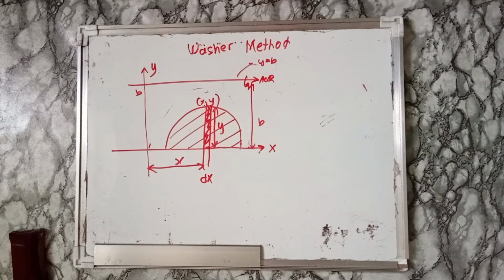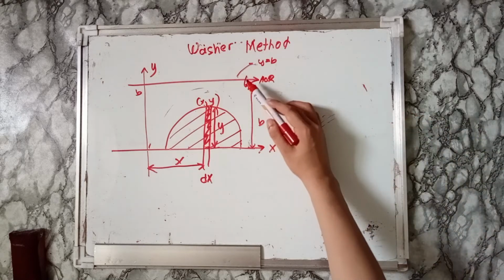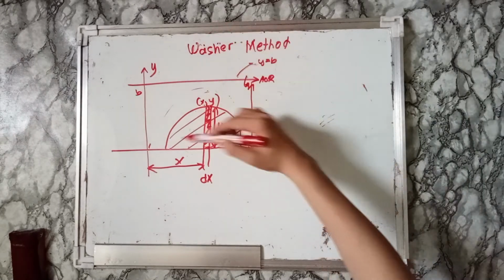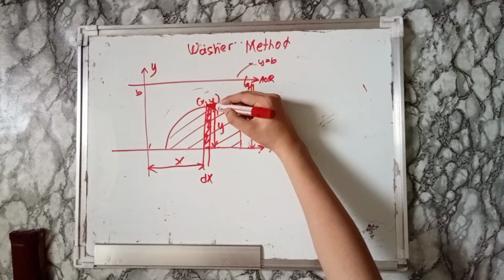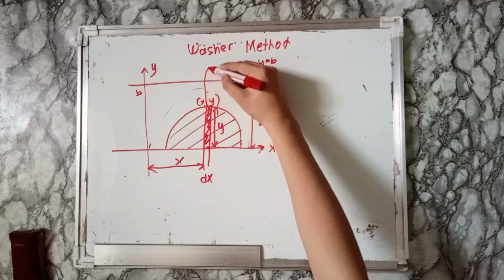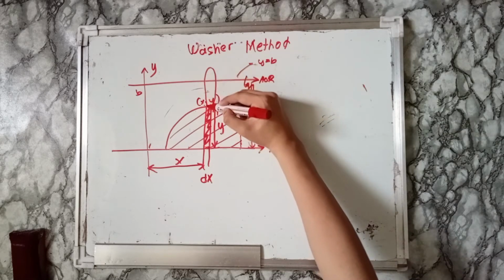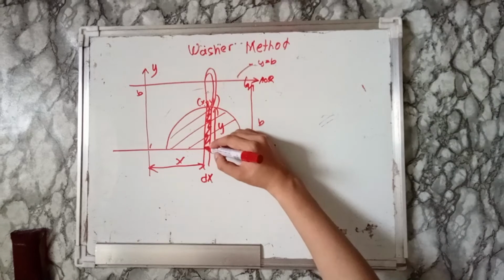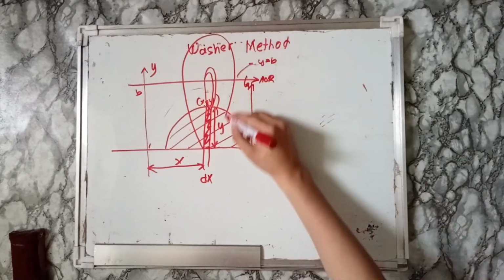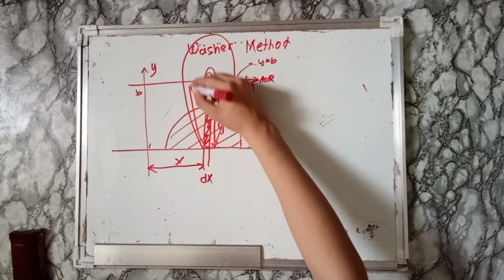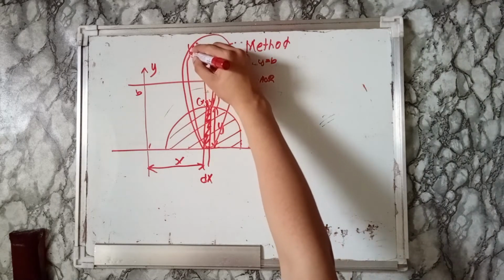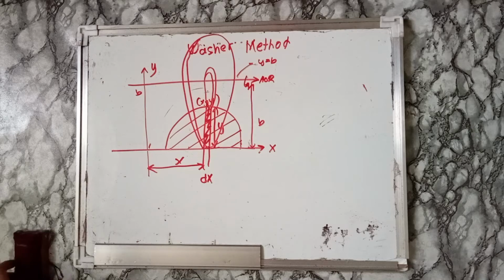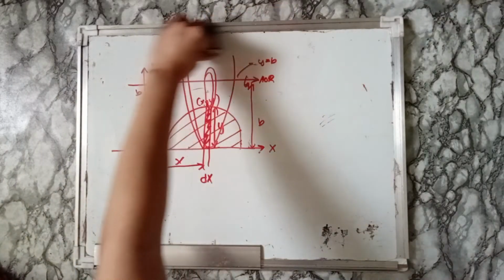Now since our area of rotation is in here, we need to rotate like this, right? Now if we rotate this, so this is just something like this. Let me erase this.